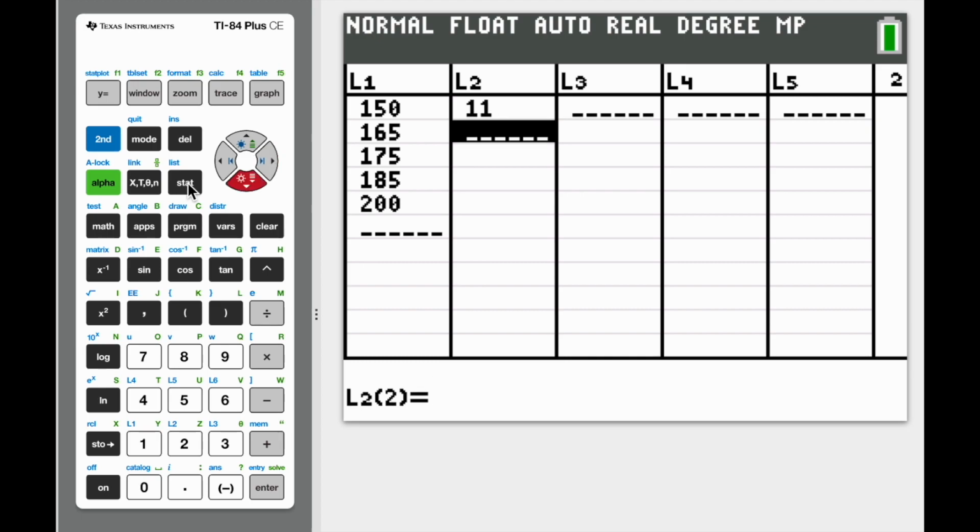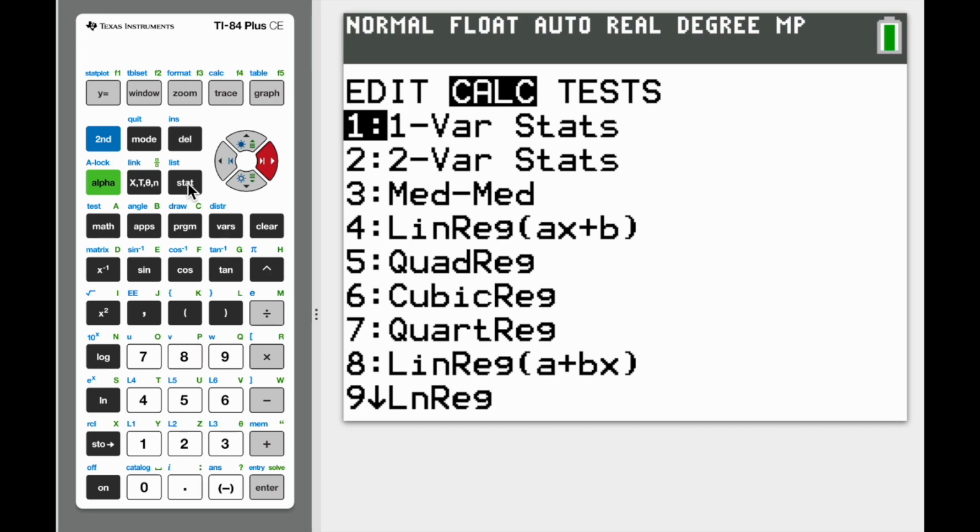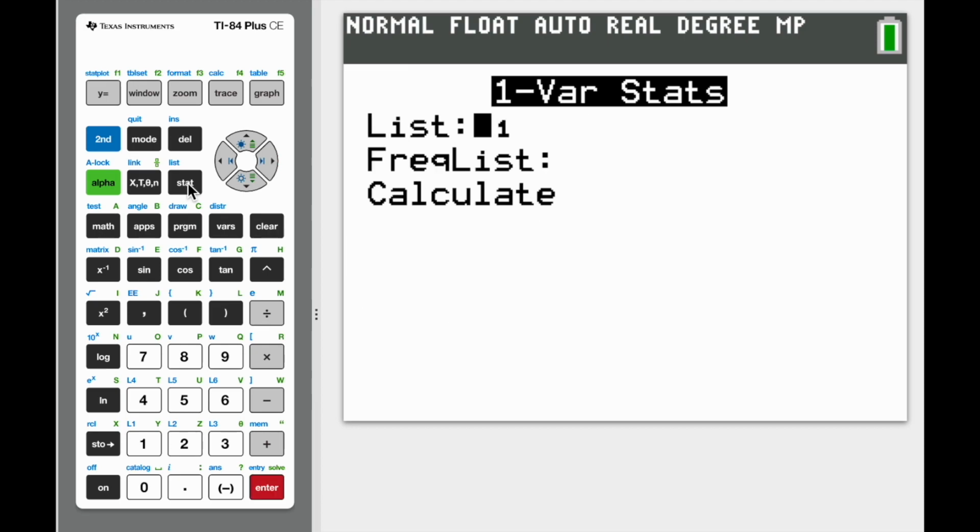And then we can type in our frequency, so how many people were in each category. Once we have that, we can go to statistics, move across to calculations, and choose one variable. So the variable is the heights. The first list tells us the data, and we've estimated that with our midpoints, and then we need to tell it where the frequency is, and the frequency is in list 2.